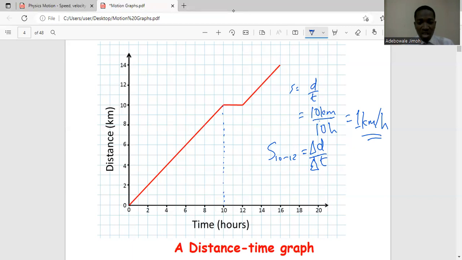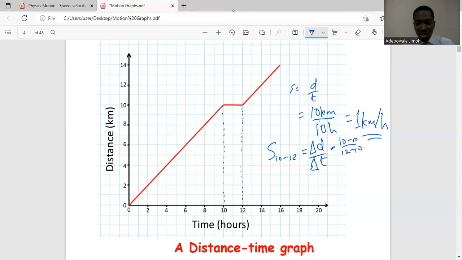There's no change, because at 10 hours the distance covered was 10 kilometers, and at 12 hours, tracing to the slope, the distance covered is still 10 kilometers. So to calculate the speed, 10 minus 10 divided by 12 minus 10.